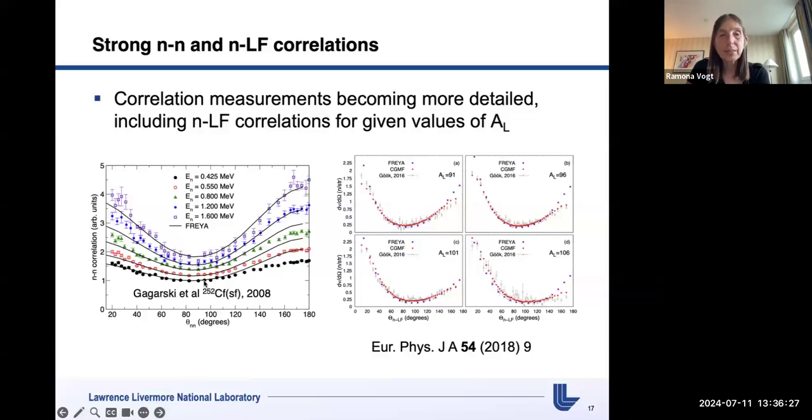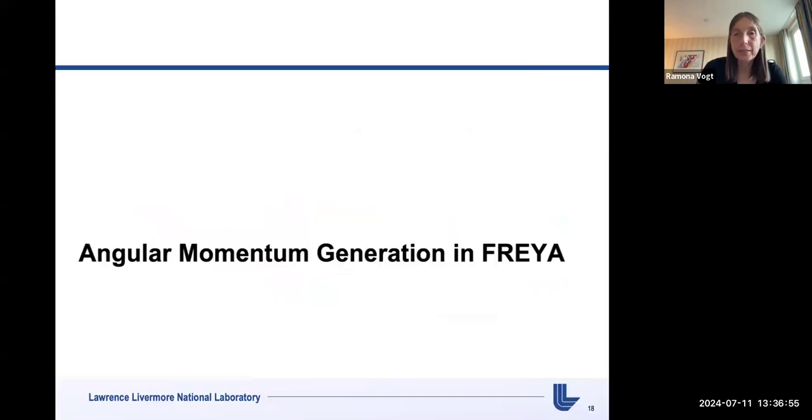And it's because there are more neutrons that have the lower energy, and so you'll see a flatter distribution, but there are fewer that would have that higher energy, so you see a more peaked one. And then this is the neutron light fragment correlation for different values of the light fragment mass, and you can see how they change a little bit with mass.